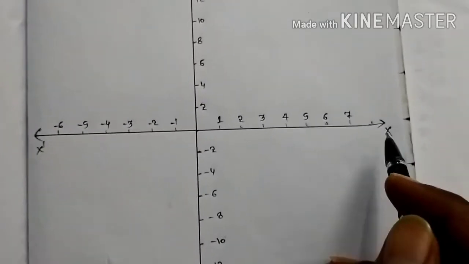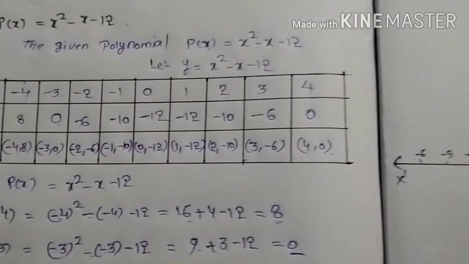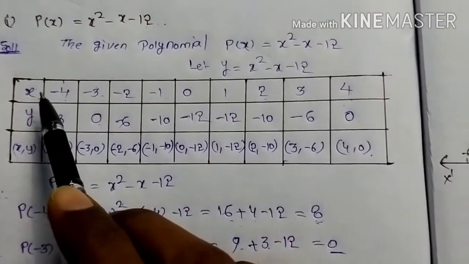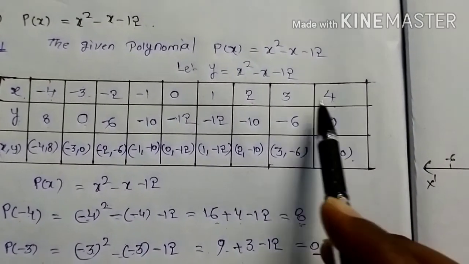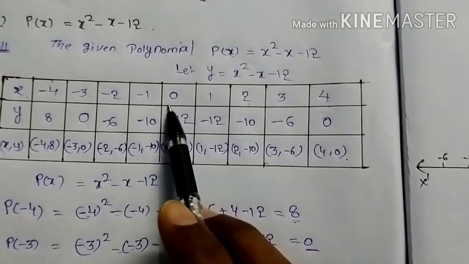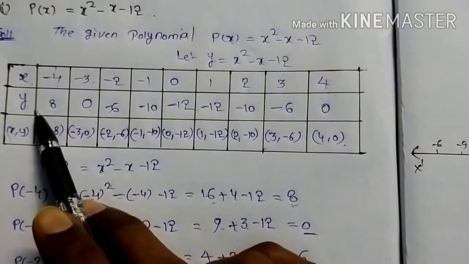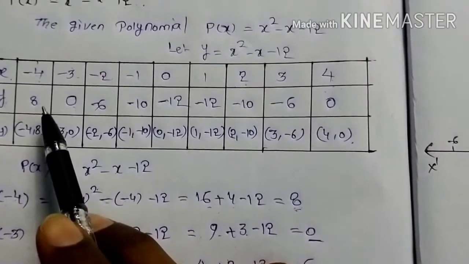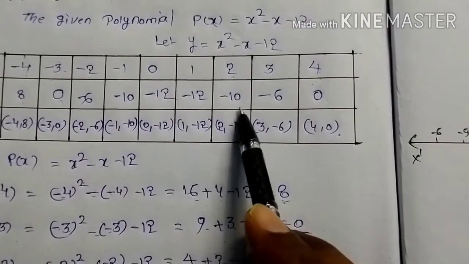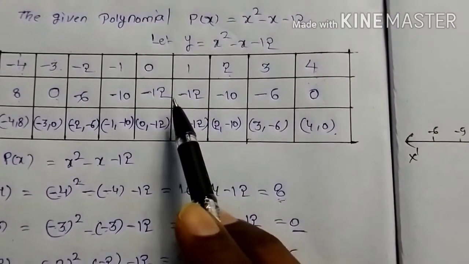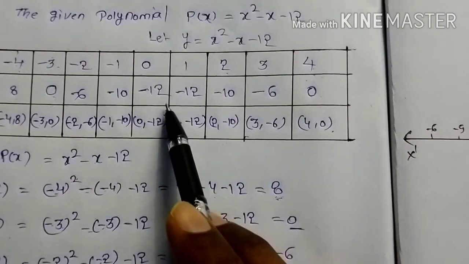First of all, as per the given values, x values are from minus 4 to plus 4 only. Yes or no? So you can take 1 unit. It is easy. Now see the y values: 8, minus 6, minus 10, minus 12, minus 10, minus 6. That means you can represent up to at least minus 12.